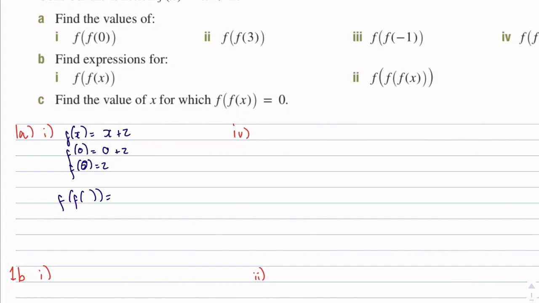No, they've asked us f of 0. Well, again, we know f of 0. It's 2. So I can chuck that 2 in instead of f of 0. Now, f of 2 is just 2 plus 2. I'm just chucking 2 in for x, so it comes out as 4.